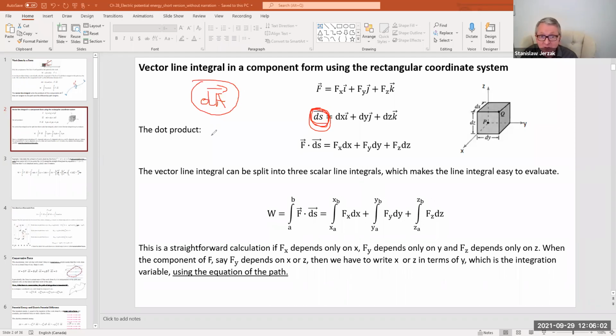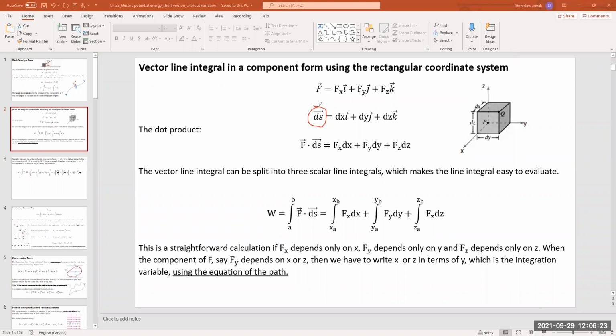Although there are many textbooks in physics where they use the surface element also as ds, capital S. So different authors in different textbooks use different symbols. But to clarify, I like that you asked that question. So ds is the element of the path, of the line.